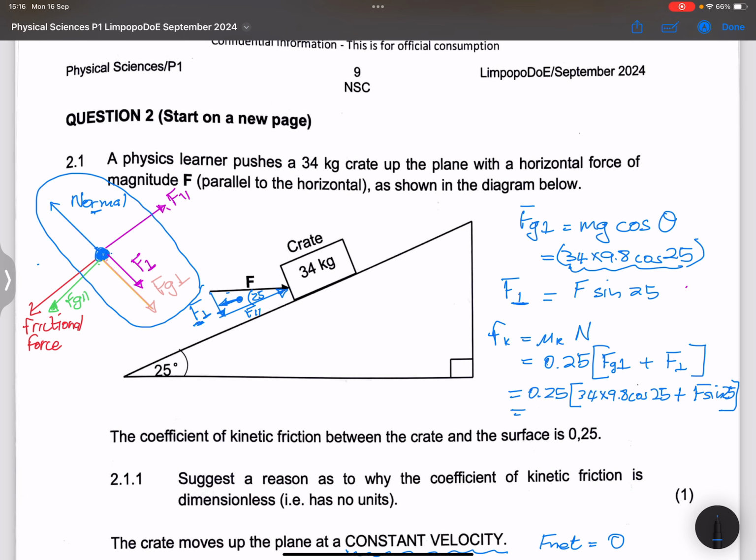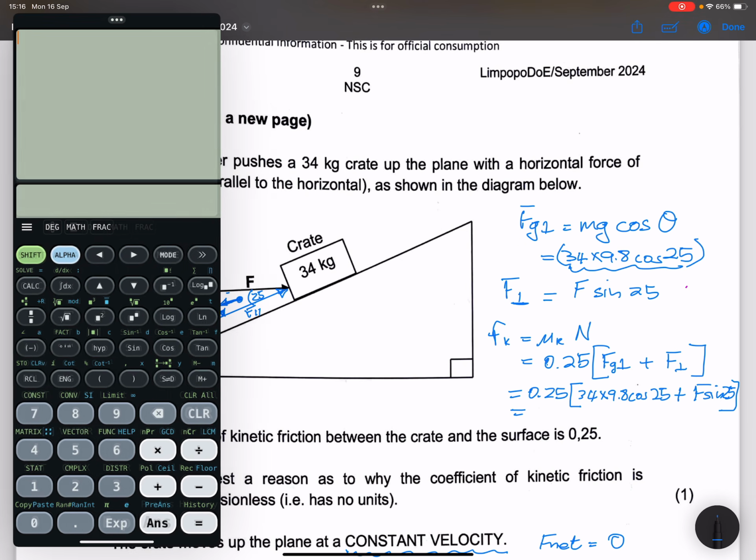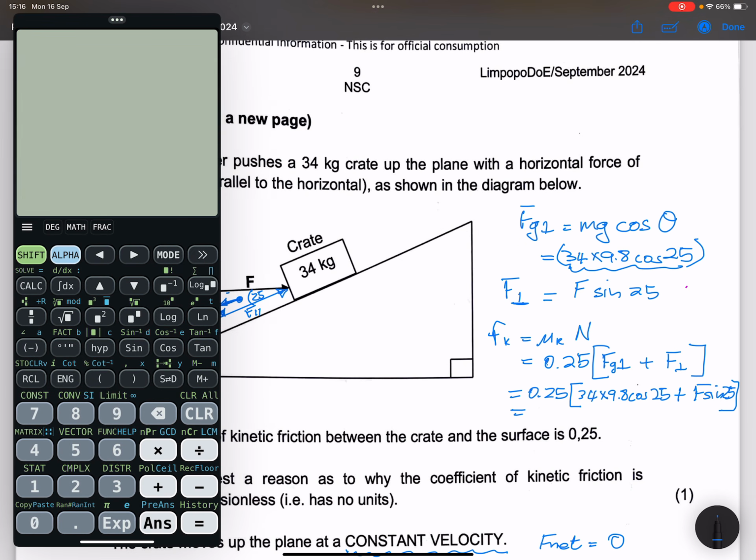Okay, now let's get to the part where we are multiplying, right? So I'm multiplying the 0.25 to this value. 0.25 times 34 times 9.8, the cosine of 25 degrees.